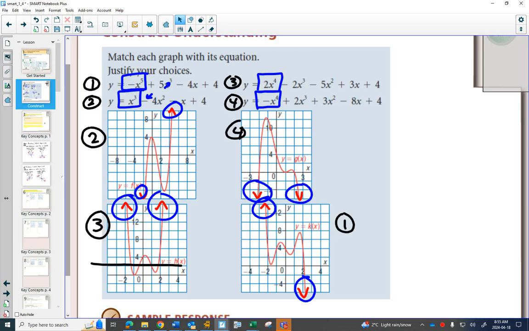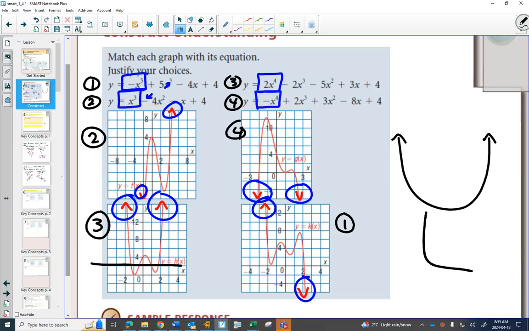There are x to the 4 graphs that look like this. And you might look at it and say, that looks like a parabola to me. It's just that x to the 4 graphs are like fatter parabolas sometimes. I don't know if that's the right way to describe them or not, but they flatten out more.